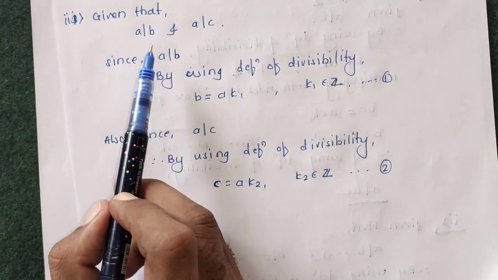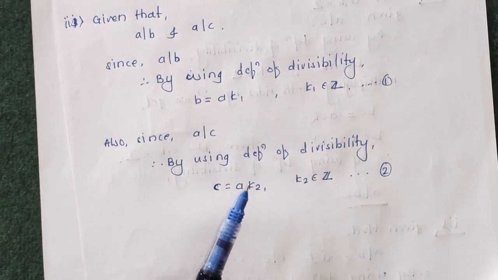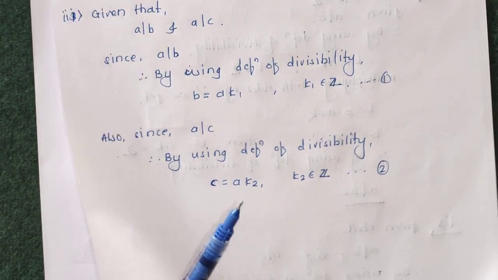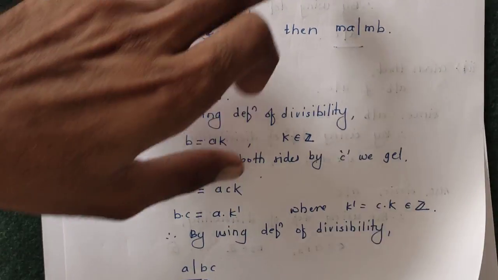We are given these two things and we have to prove that A divides Bx plus Cy.